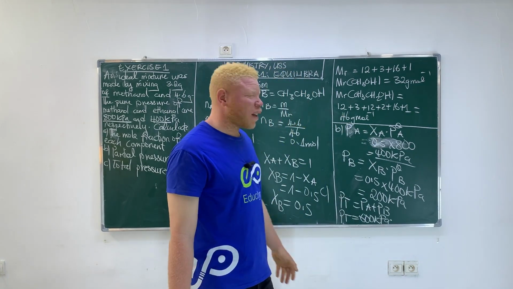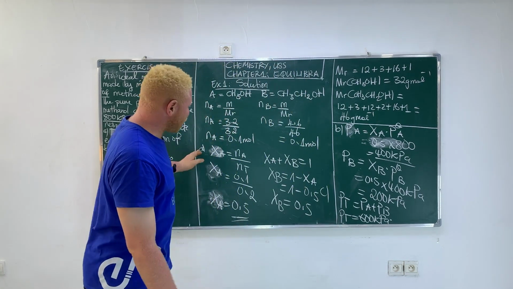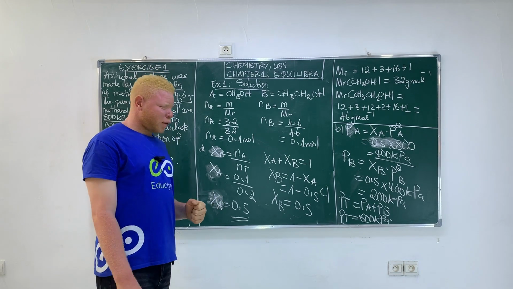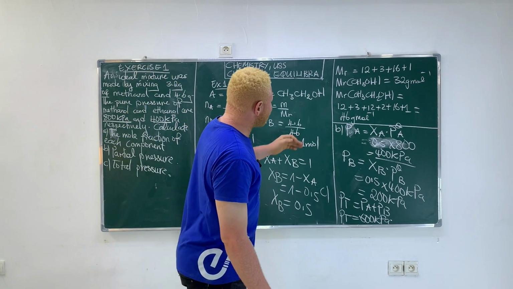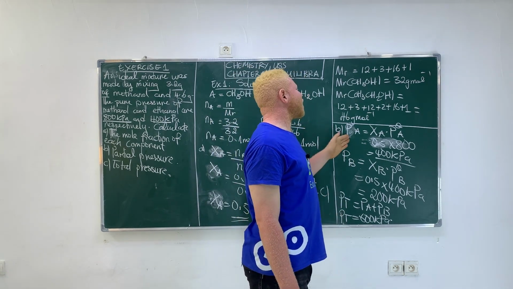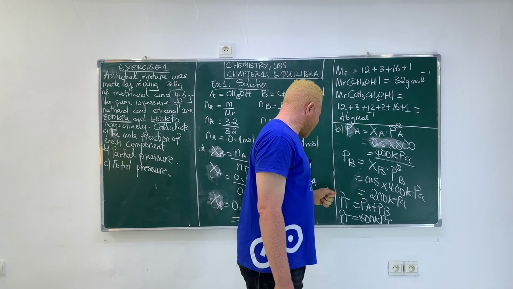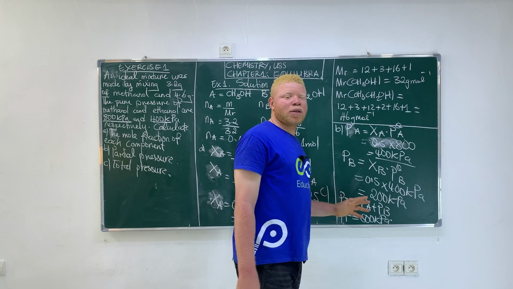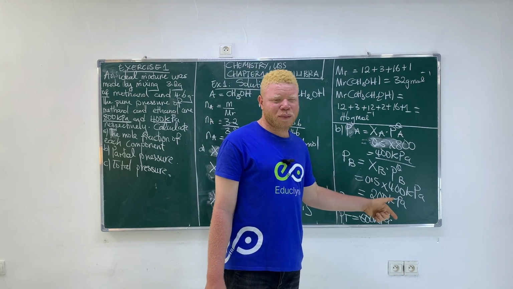I think that's all about exercise 1. A was first of all to calculate the mole fraction. B is to calculate the partial pressures, the partial pressure of A and of B. Lastly, C is telling us to calculate the total pressure, which is PA plus PB.